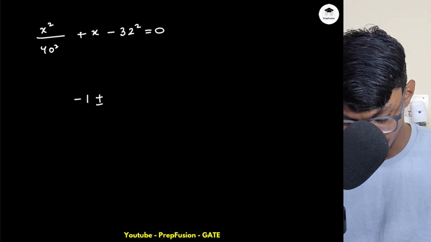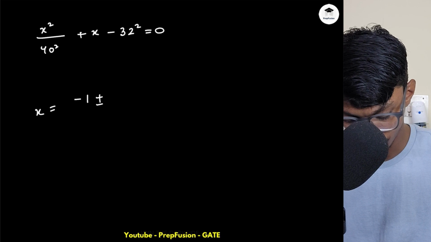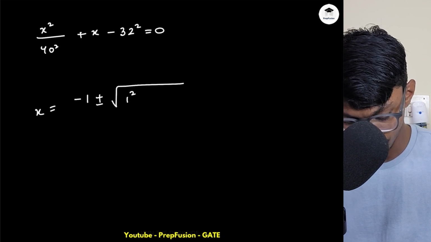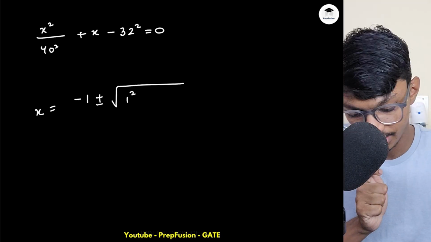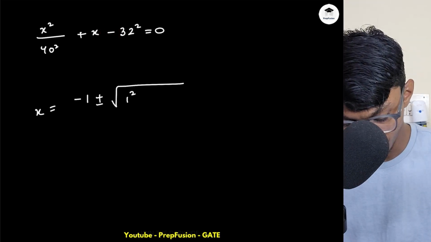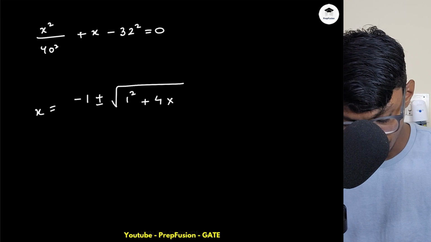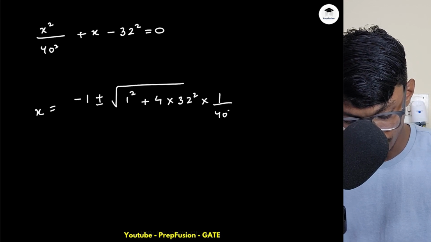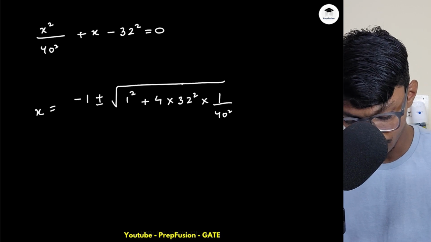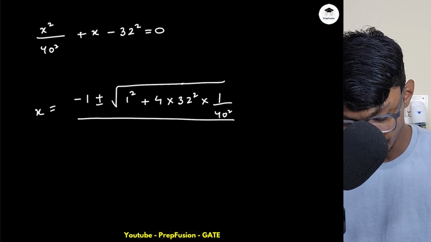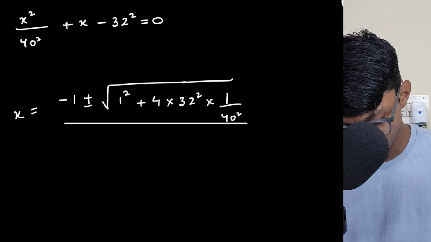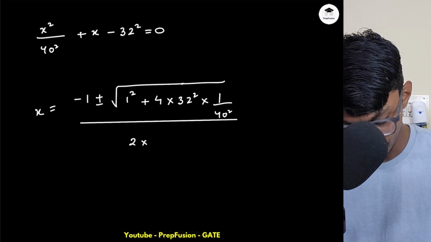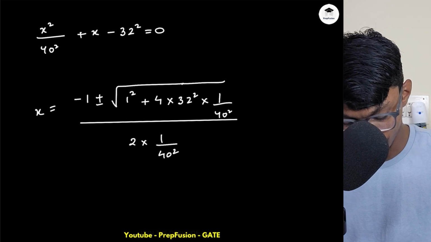So x will be equal to minus 1 plus minus under root b square, b is 1 square. Now minus 4ac, here we already have a minus, so it will be plus 4 times 32 square times 1 by 40 square. So a is 1 by 40 square, keep that in mind, and divide by 2a, so this will be 2 times 1 by 40 square.